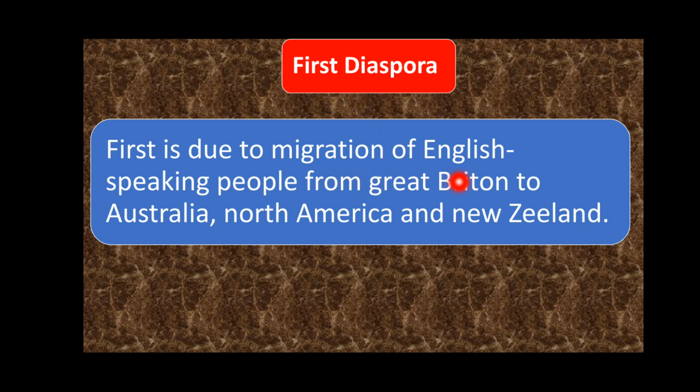The people from Britain, from the UK, migrated to Australia, North America, and New Zealand, and in these countries English also became their first language, or you can say mother tongue. So this is the first diaspora through which English reached these countries.